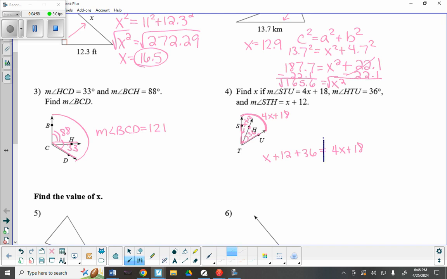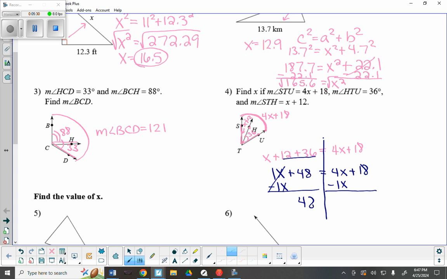So draw the line here. And remember, we first want to combine like terms. So we have 1x, and then 12 plus 36 is 48. And on this side, we have 4x plus 18. Now we want to get the x's on the same side. So I think we'll start by subtracting 1x from this side. And if we subtract 1x from the left, we subtract 1x from the right.